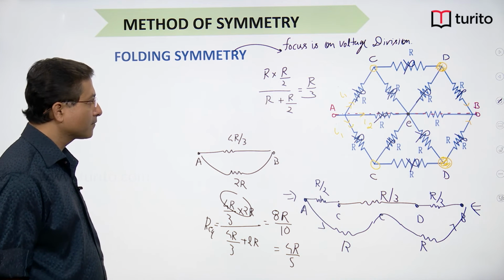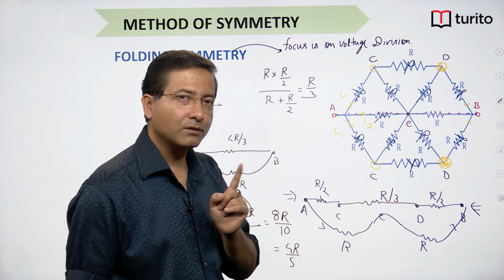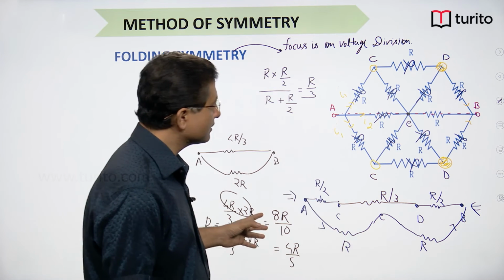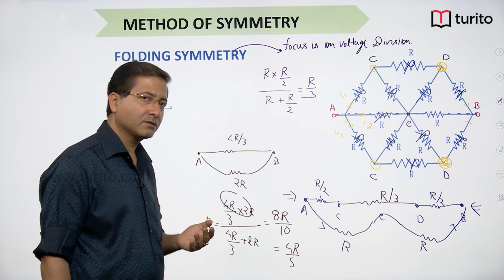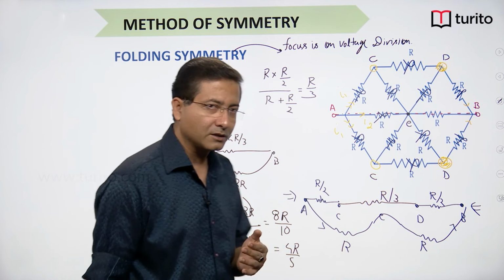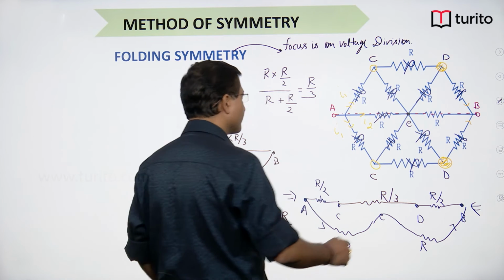One more thing, in a circuit there might be more than one symmetry, like in this case you can see there is input output as well as folding symmetry. So, it is your choice whether you want to go by input output symmetry or folding symmetry, you are going to get same answer. Let us check.